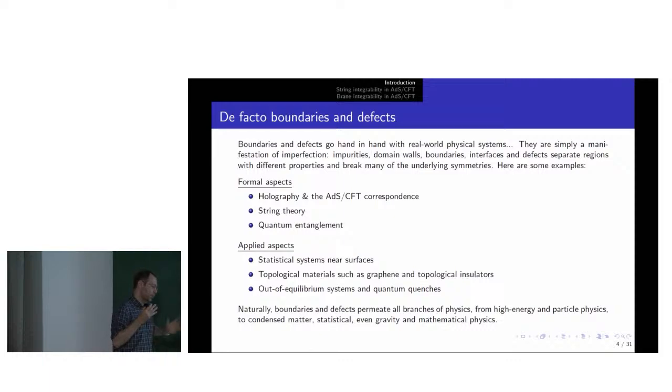It is based on the fact that the real world is really imperfect, with many imperfections, impurities and domain walls, and this is what we live in. Of course, what I'm going to be focusing on is some formal aspects of defects.